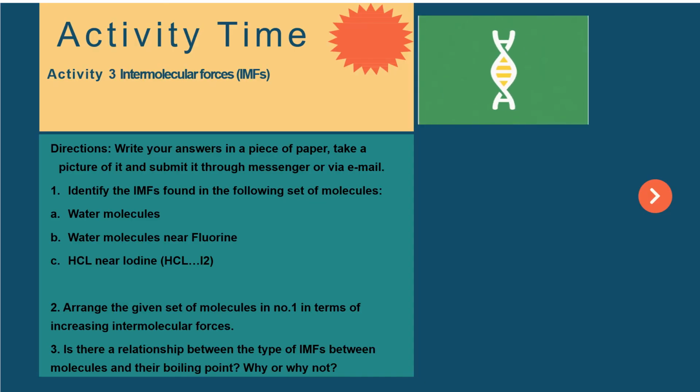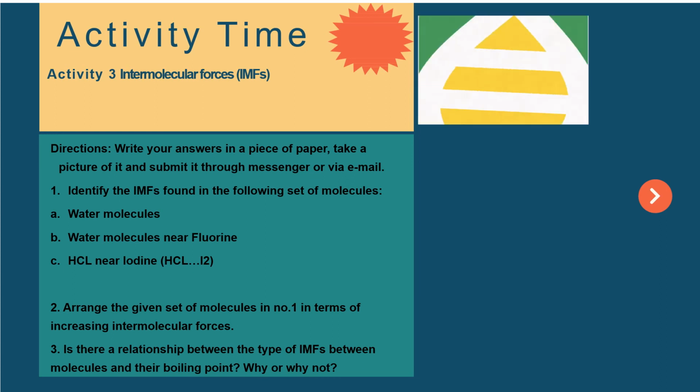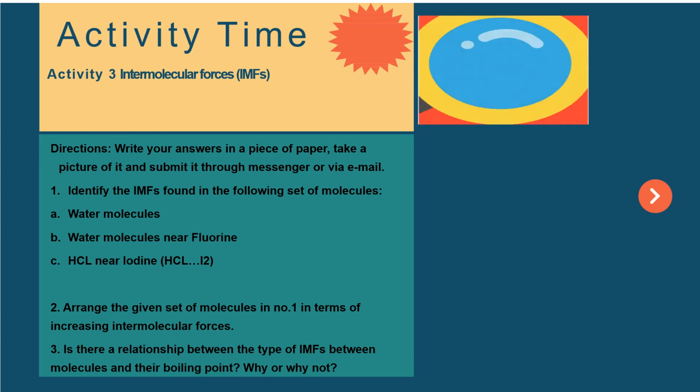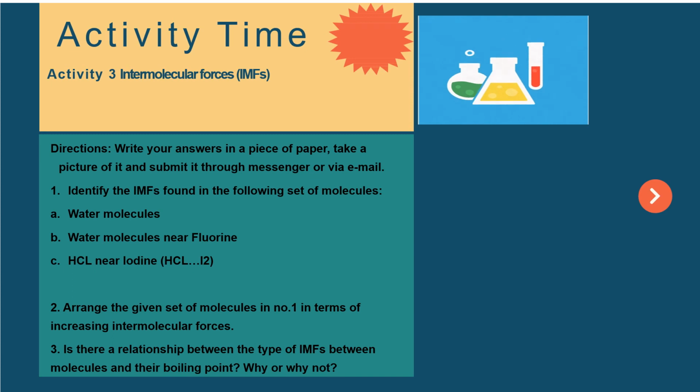So let's now have your activity 3 for intermolecular forces. Same directions. Number 1, identify the IMFs found in the following sets of molecules. A. Water molecules. B. Water molecules near fluorine.